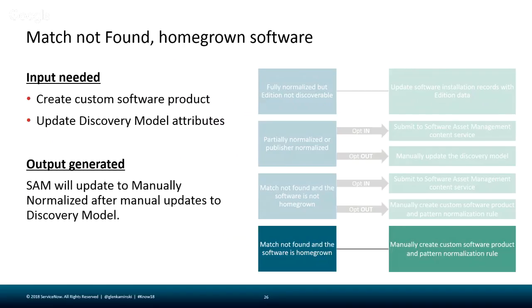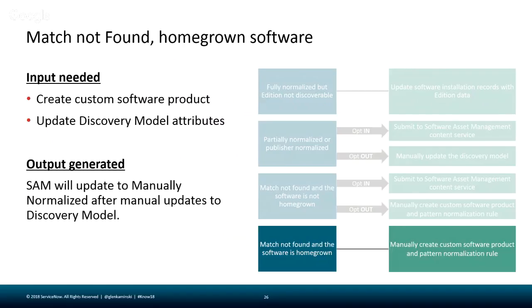If you did want to include it and have a reconciliation option to compare that to the counts for that particular software, you can create a custom software product and just check out the documentation on how to do that. The documentation site has very good step-by-step instructions on how to create your software product.